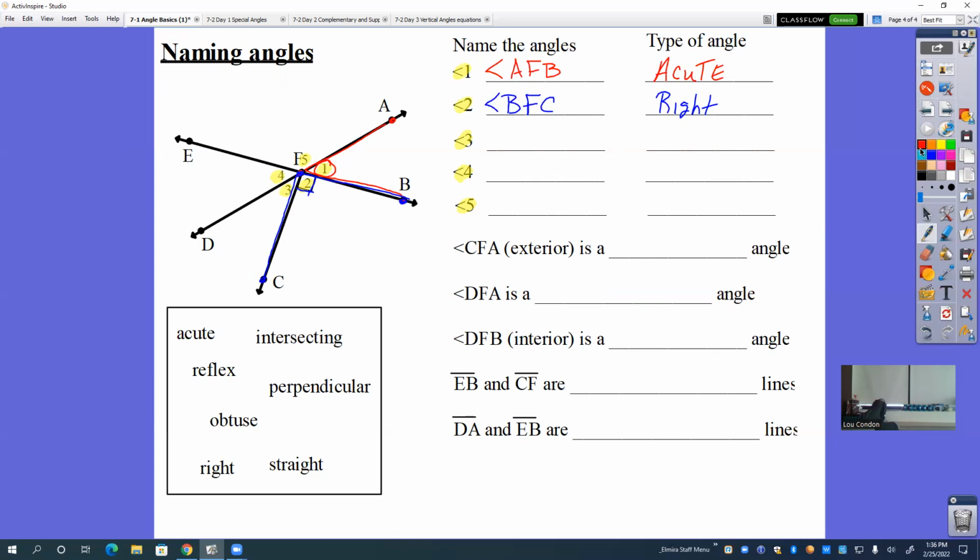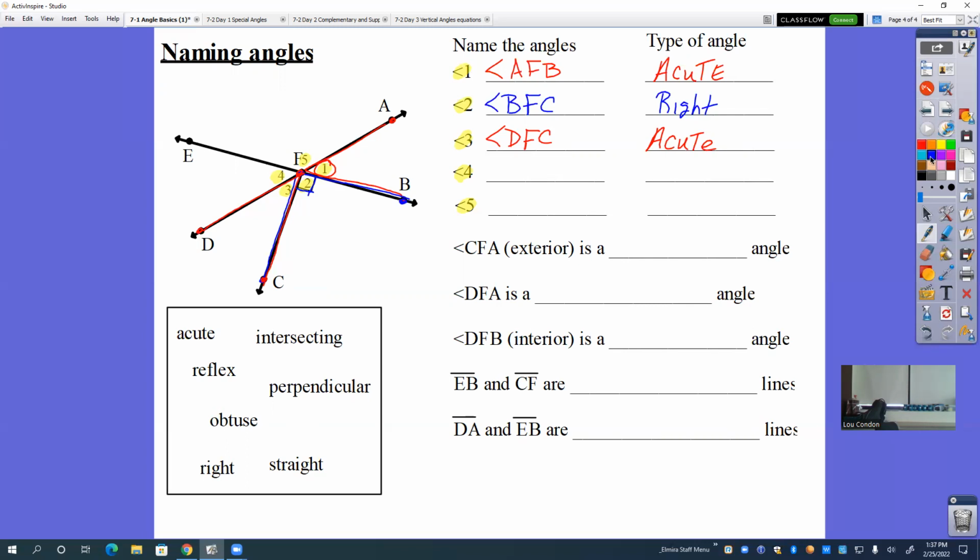For angle number 3, we have D, F, and C. Clearly, it's less than 90, so it would be angle DFC, and that would be an acute angle because it's less than 90.